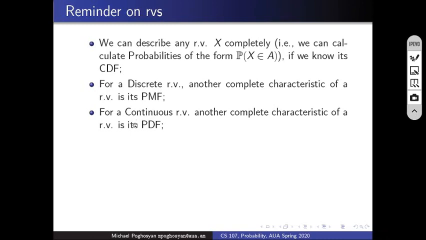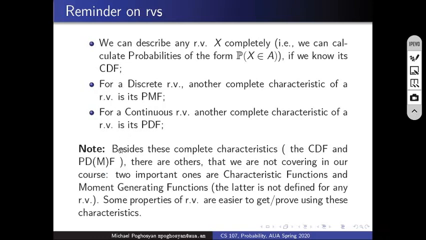And also, for continuous random variables, we can calculate these probabilities if we have the PDF, probability density function, for that random variable. So, if we are dealing with discrete random variables, we can describe them through their CDF or PMF, and if we are dealing with continuous random variables, we can give them through their PDF or again CDF.